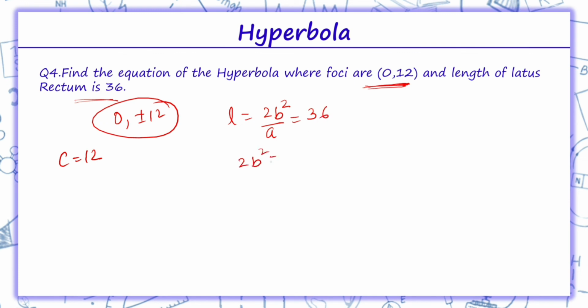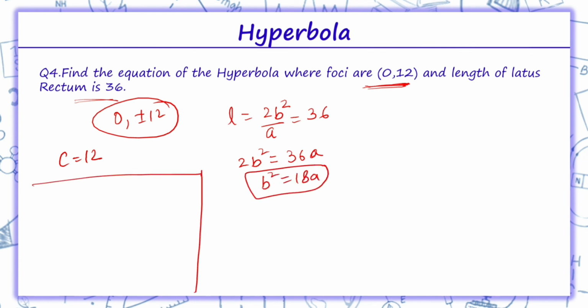So 2b square equals 36a, thus b square is 18a. Now we know the relationship between c square, a square and b square: c square equals a square plus b square. c square is 12 square, which is 144.